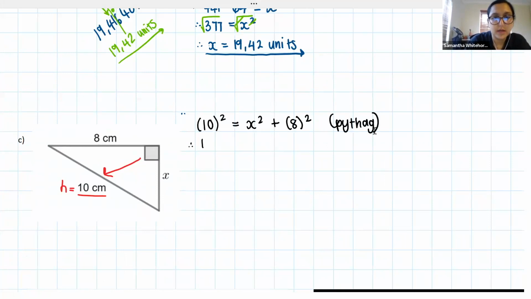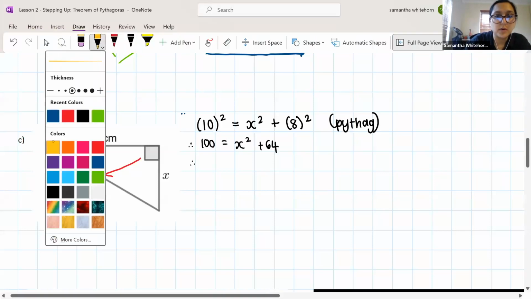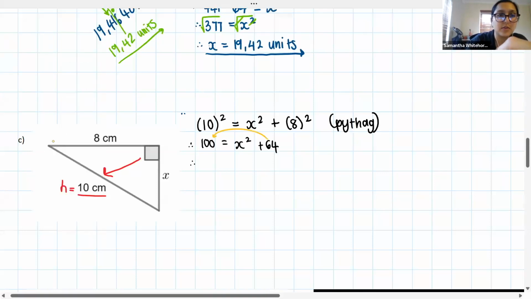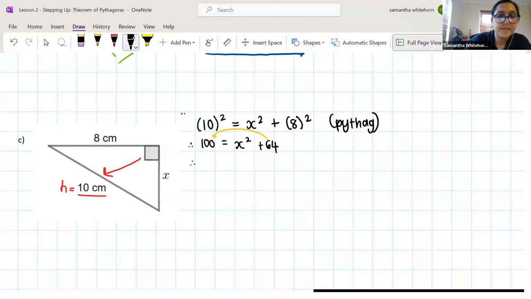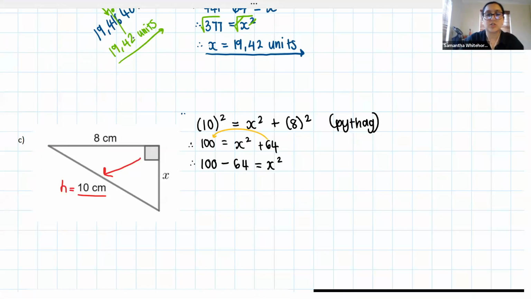So 10 squared is 100, x squared is what we're looking for, and 8 squared, as we discussed earlier, is 64. So what we now need to do is our inverse operations. We need to get that 64 to join 100. So we have 100 minus 64 is equal to x squared.